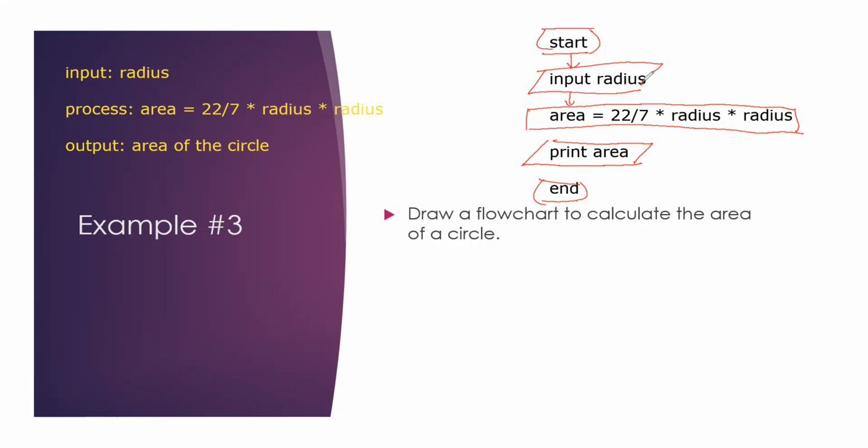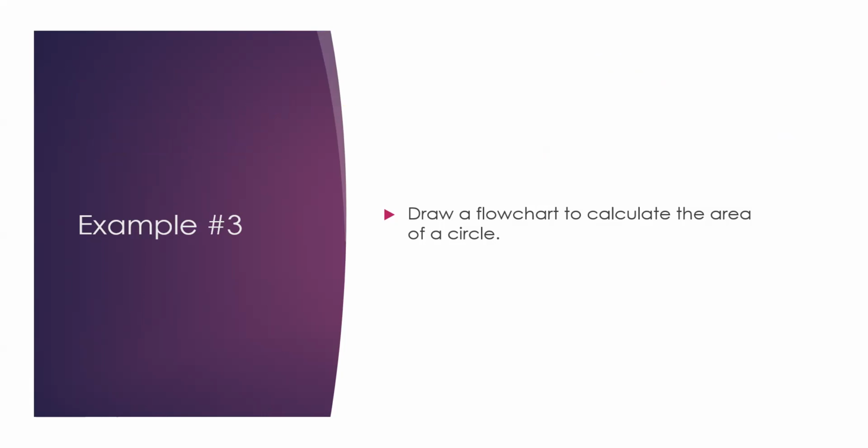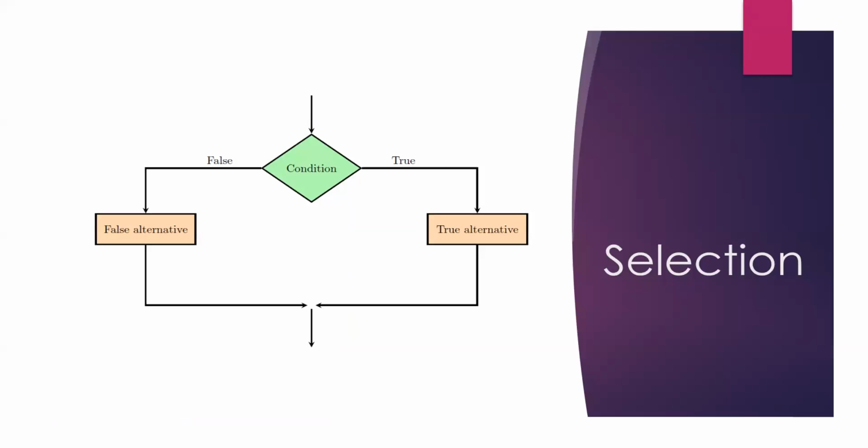First you get the radius, then you find the area, you print the area, and finally that is the end. Okay, if you finish this one, let's move on to the next one.